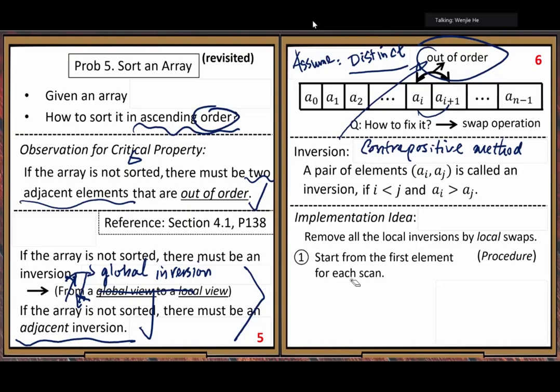Second, do swaps one by one from left to right if necessary, because many times you do not need to swap. If no inversion, then no swap. Only when you detect an inversion, then you do a swap.